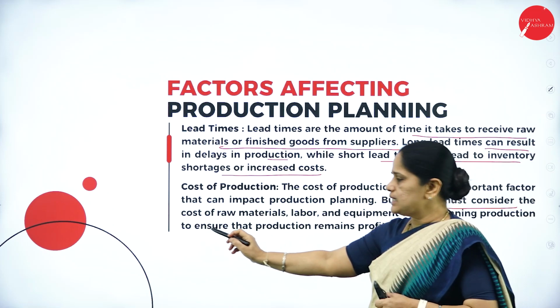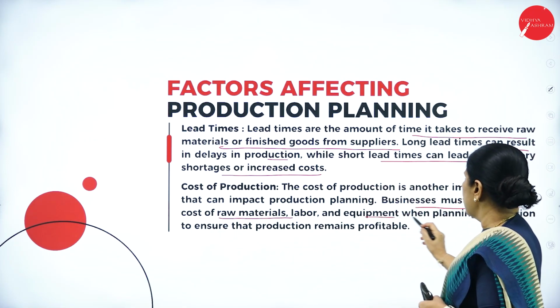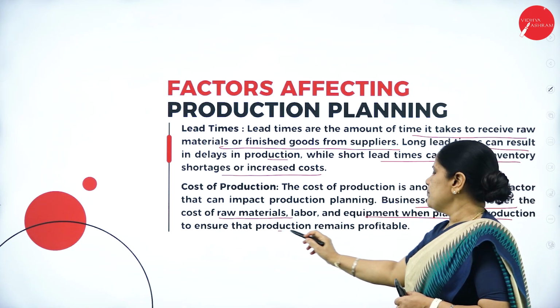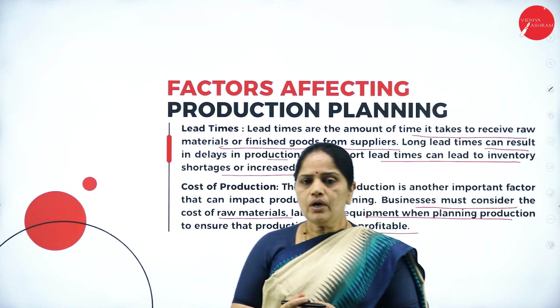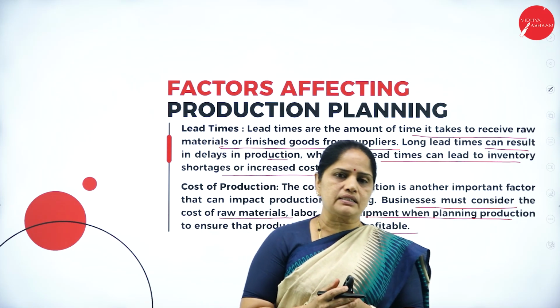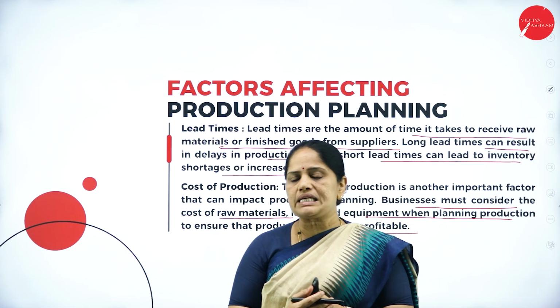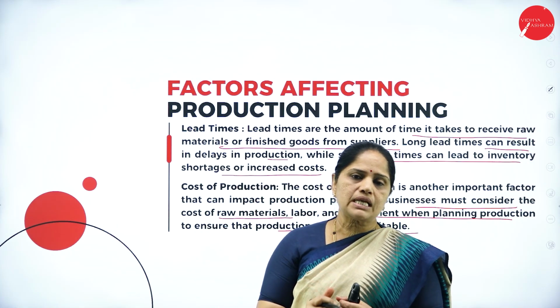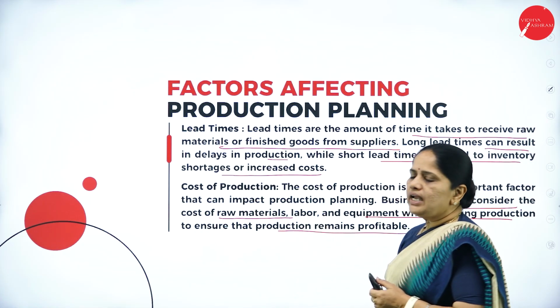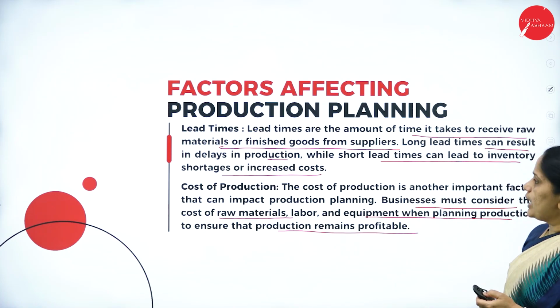Businesses must consider the cost of raw materials and equipment when planning the production to ensure production remains profitable. So, the pricing of the product, the major factor which goes into pricing is the actual cost of the product. So, in order to keep the cost as low as possible, we have to reduce the cost of production.